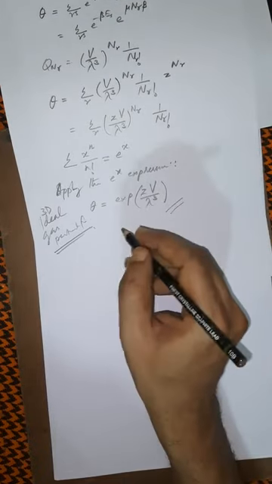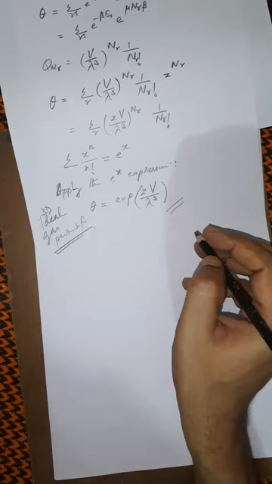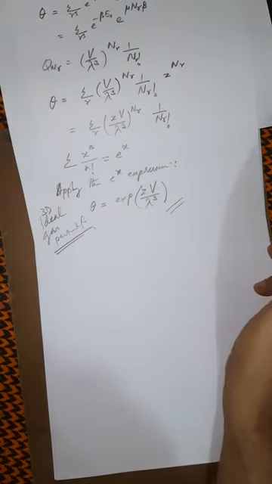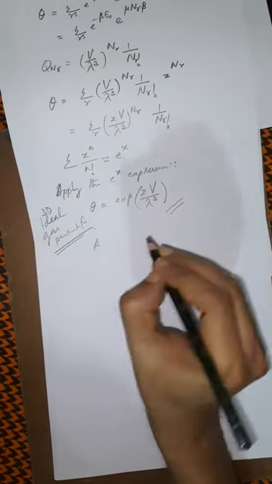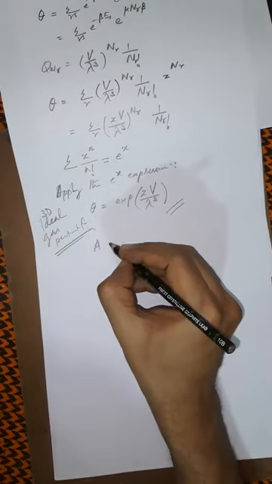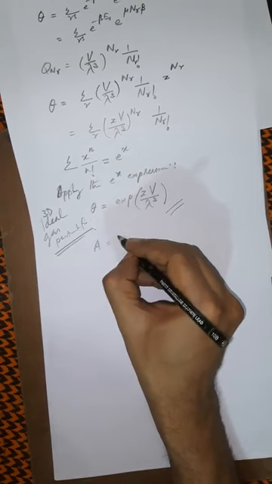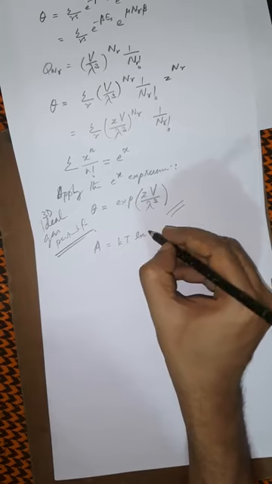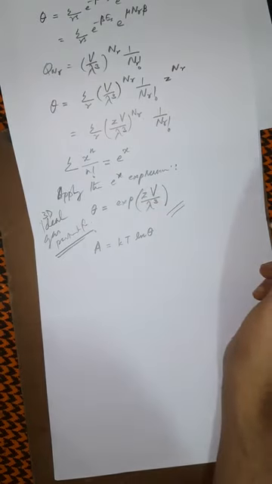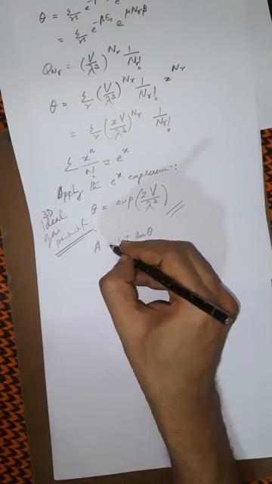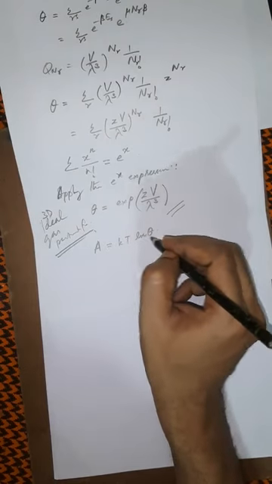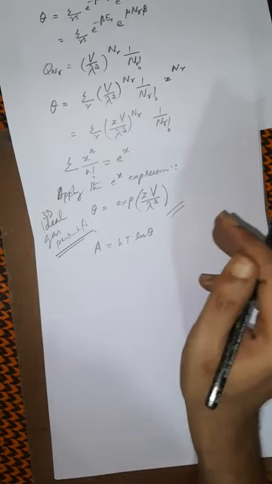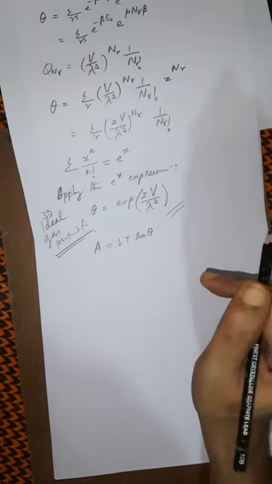If we need to calculate all the other thermodynamic parameters, we need to have A, the Helmholtz free energy. A is equal to kT ln theta. We have already derived that A is equal to kT of ln of the partition function in our canonical ensemble derivations.